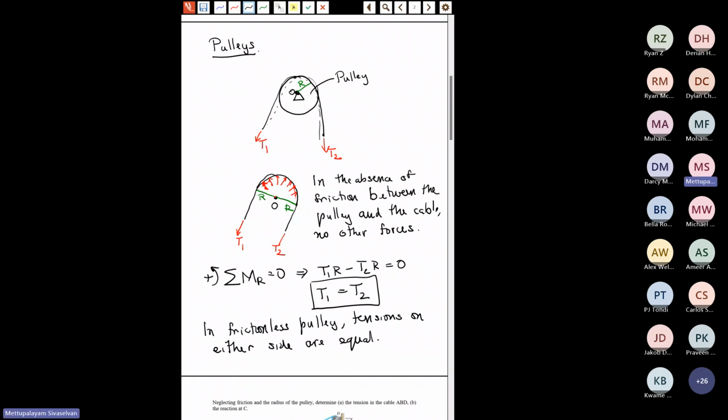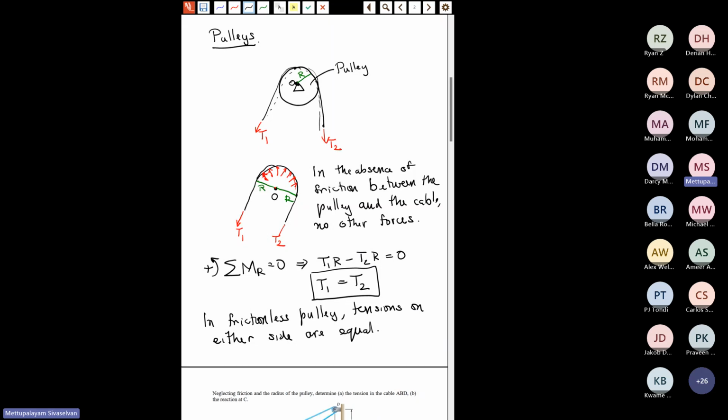Okay, that's a fact, and that comes from equilibrium of the cable itself. Does that make sense? Any questions? So whenever we have a pulley that is frictionless, then we know that the tension on either side of the pulley is the same. A little bit further down the line, we'll see how to account for friction between the cable and the pulley. Okay.